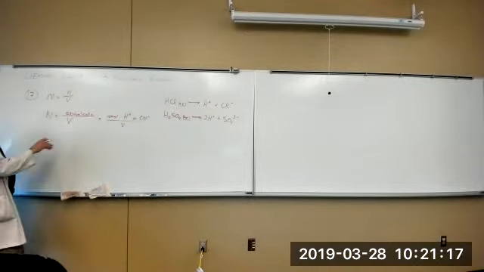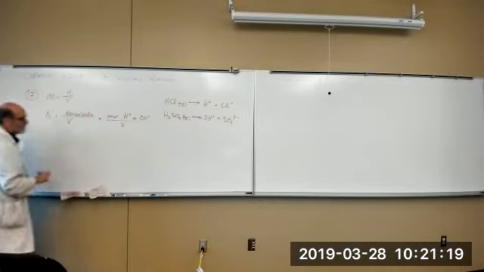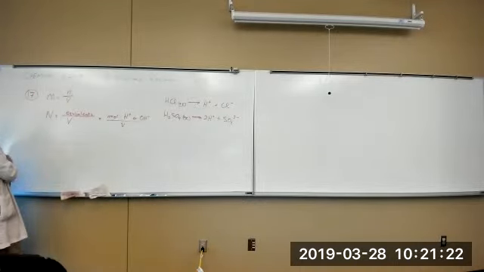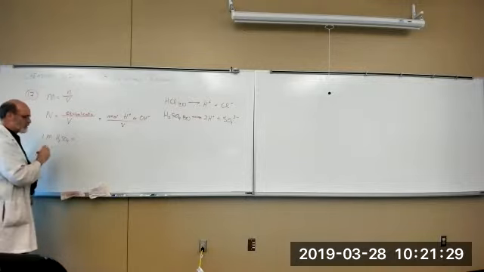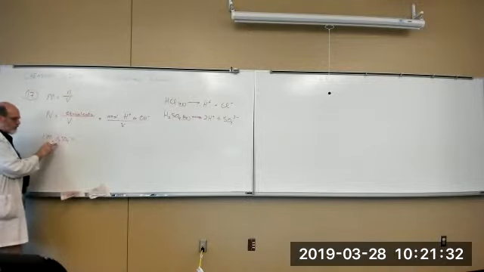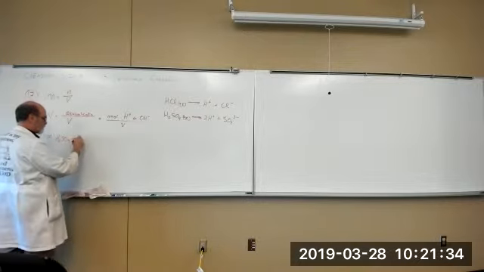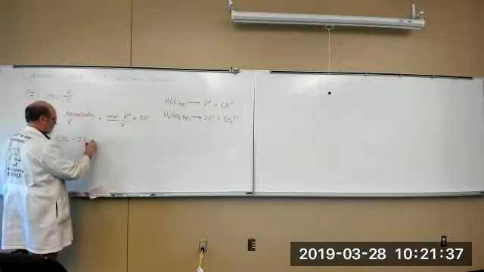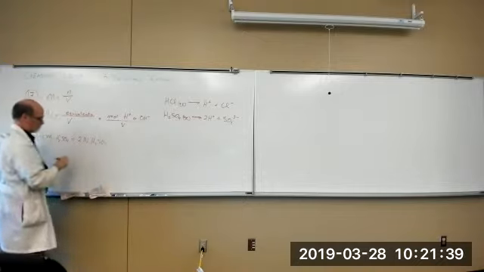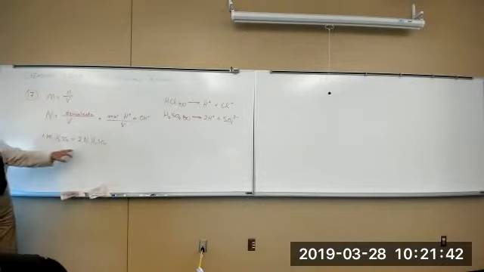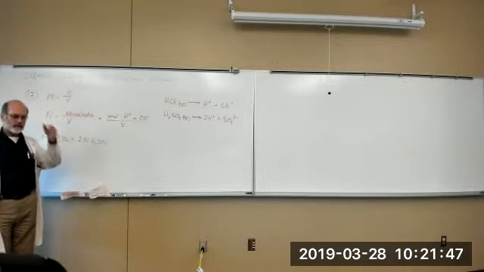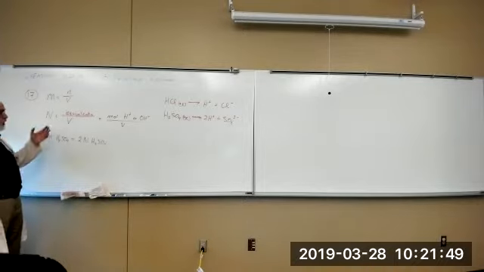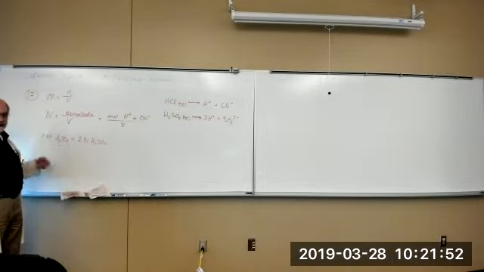If we write the concentration of this side as 1 molar H2SO4, that's going to be 2 equivalents per liter, which means 2 normal H2SO4. So 1 molar H2SO4 is 2 normal. It's 2 equivalents for every 1 of these.